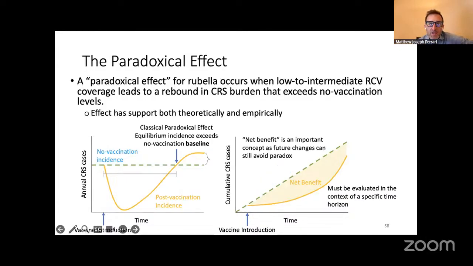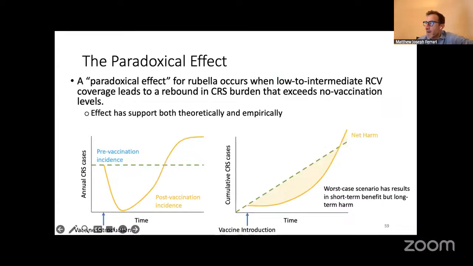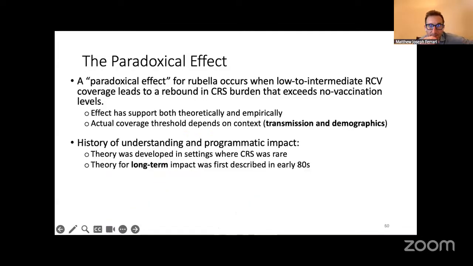And so while there are settings where it is possible that the equilibrium increase will in fact be high enough that there will be net harm in the long term, right? Those become now the situations that we need to address, and we can target those to design vaccination programs and monitoring programs to evaluate whether or not we're in that situation and what the strategies are to mitigate that.